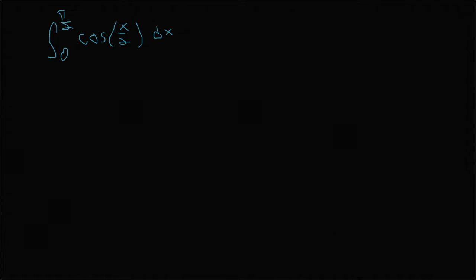Alright, so we have this definite integral here, and actually let's just do pi. We have learned all of the tools needed to do this integral. I would like you guys to give it a try, but let's go.